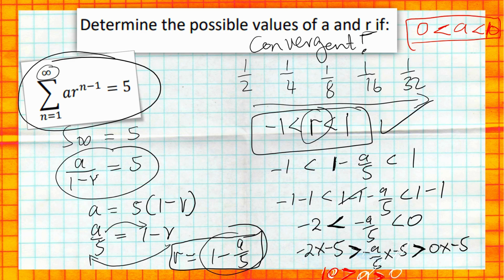Okay, so you can see that our A must be between 0 and 10, right? And R must be between -1 and what? And 1 for our series to converge. So these are the possible values of A and R. A is any value between 0 and 10. R is any value between -1 and 1. So that's how you answer this question.